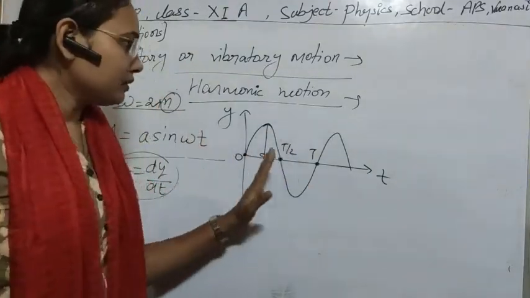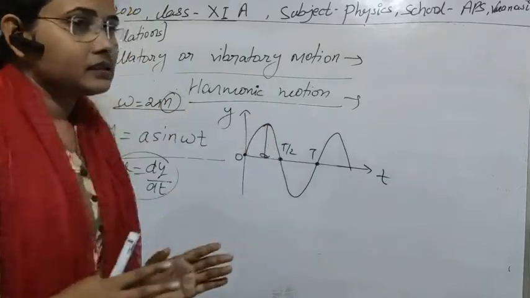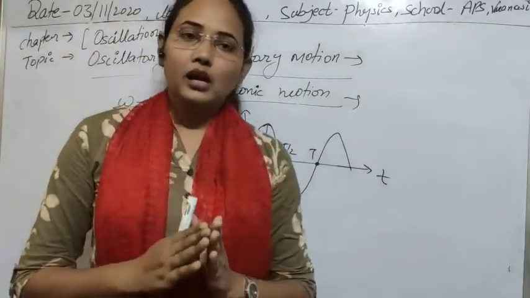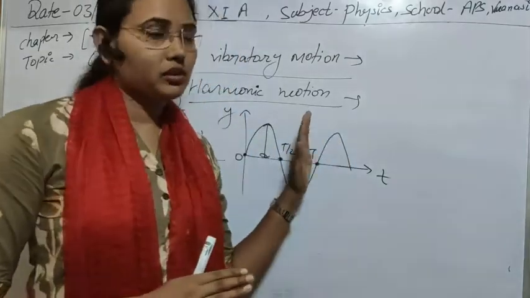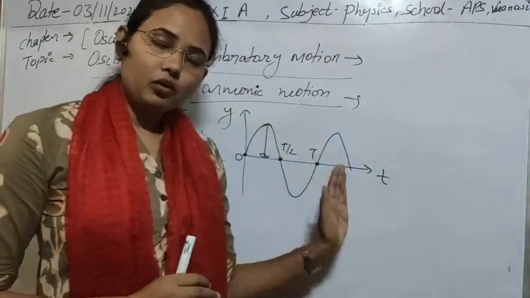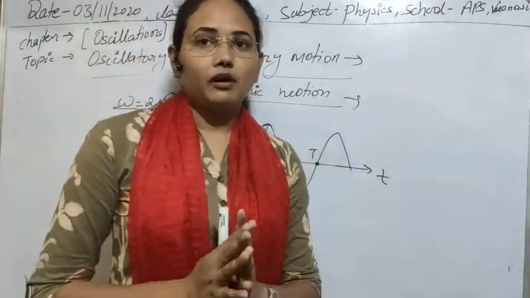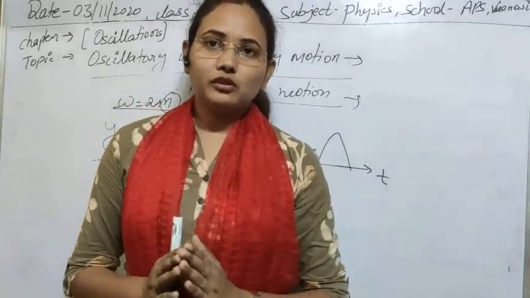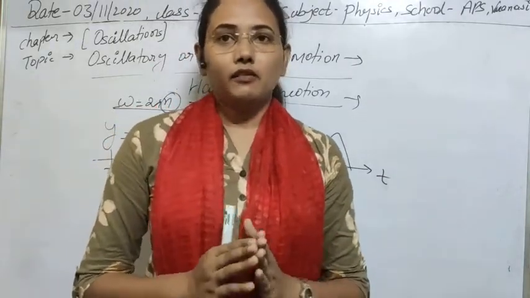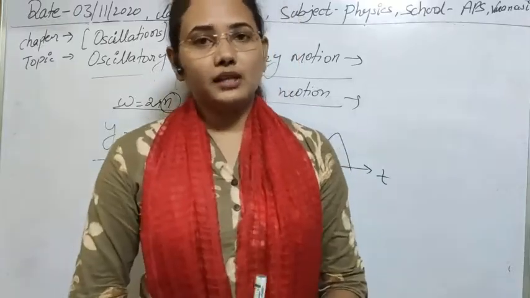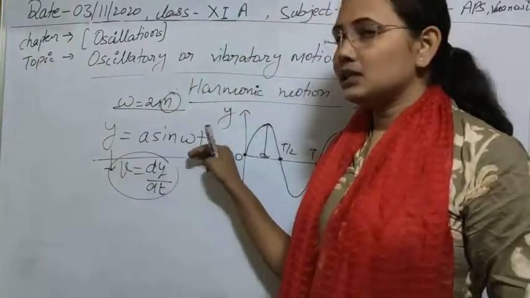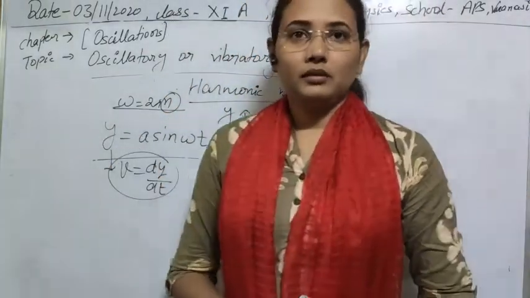This is very simple to know, and in this chapter we will study harmonic oscillations, harmonic motion only. In the whole chapter we will describe oscillatory motion in terms of trigonometrical functions, and we will directly use this equation to represent the displacement of the wave.